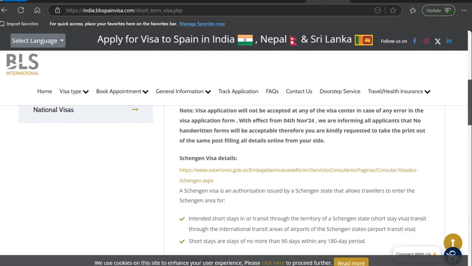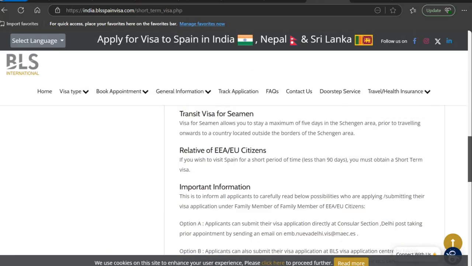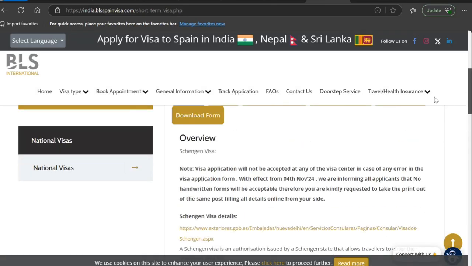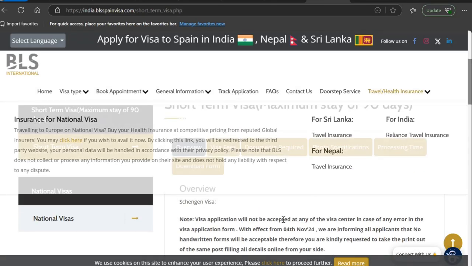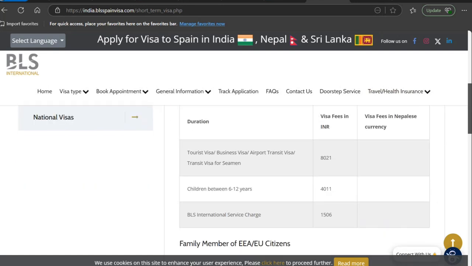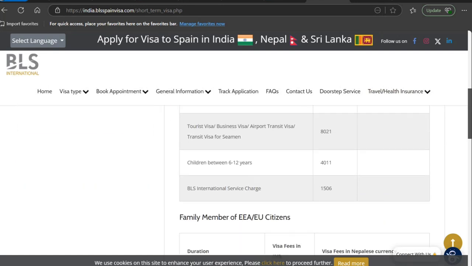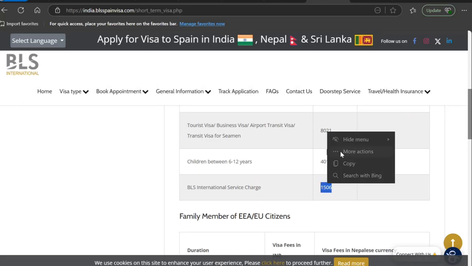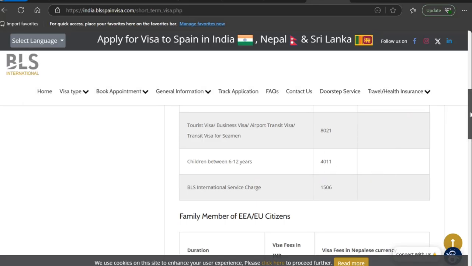Okay, now knowing the fee is very important. Otherwise, visa fee in INR. Okay, for Indian nationals for tourist visa, this is the fee, and there's a fee for BLS service charge too. For children, it's almost half.